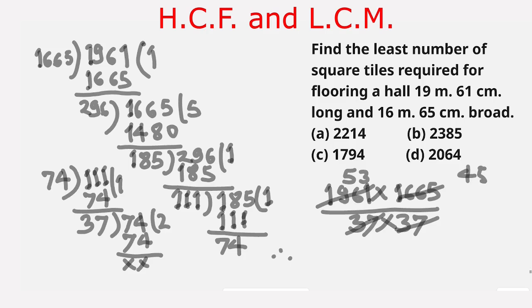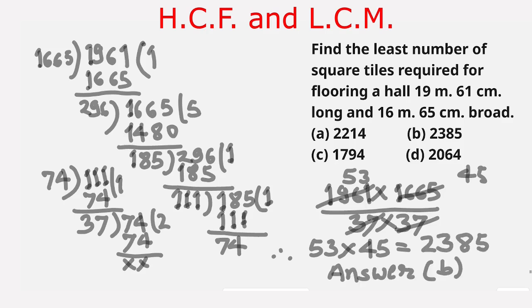Therefore, the number of tiles is 53 multiplied by 45, which is equal to 2385. And from the given options, our answer is option B, 2385 tiles. I hope you have understood the method of solving such type of questions.